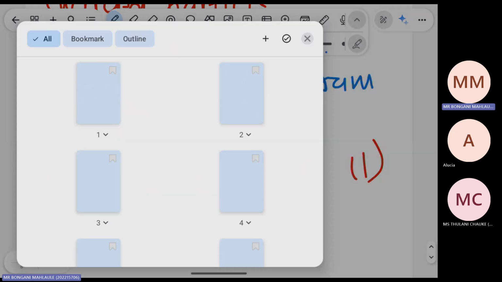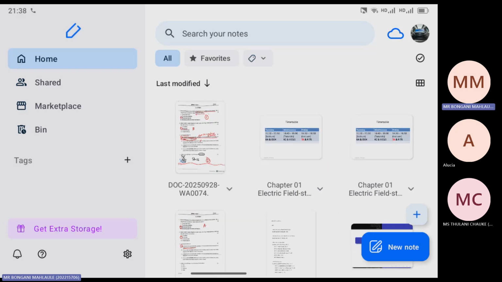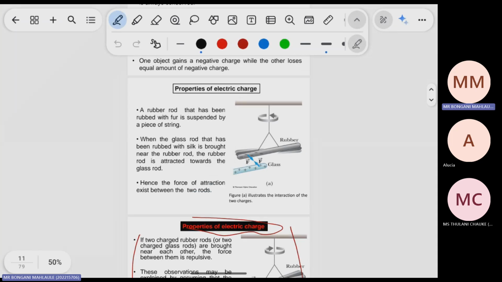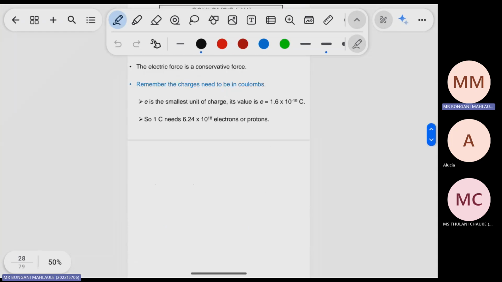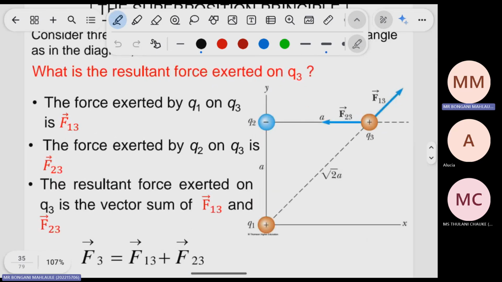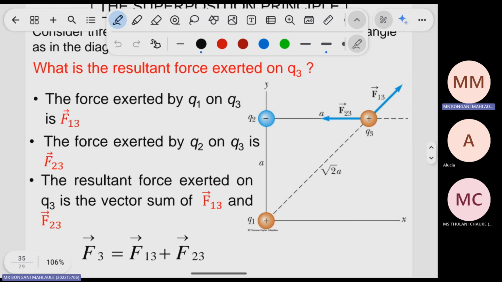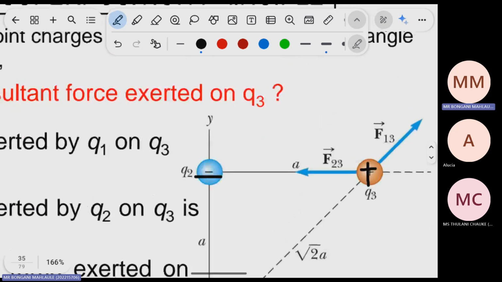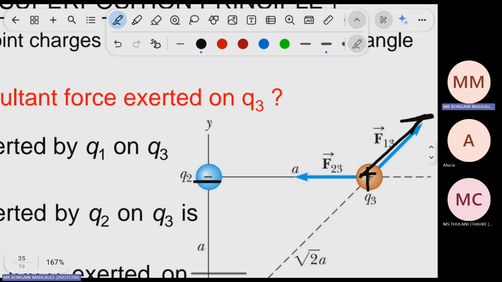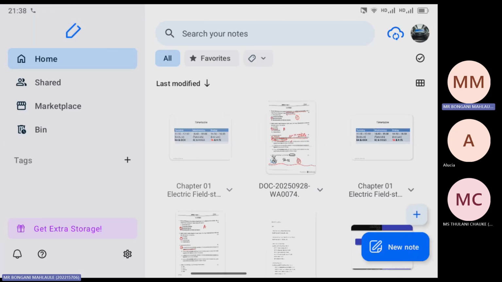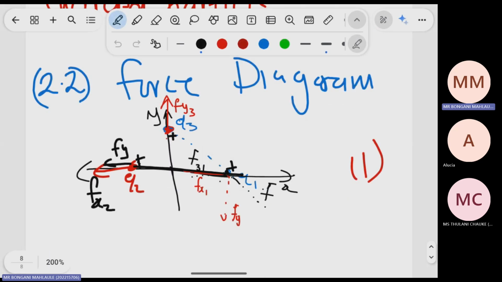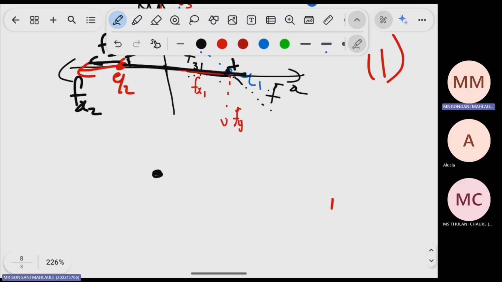Let me just check here on your slide. In positive. Yeah, I want to see this part. Pushed. Oh, but this is what they wanted here. They just wanted us to write this. This is charge Q3.